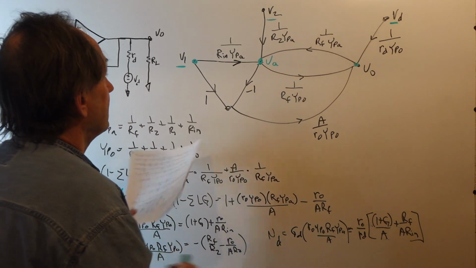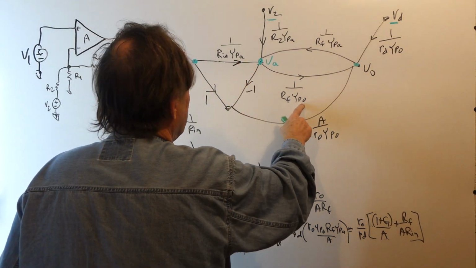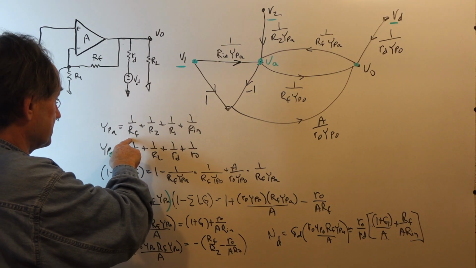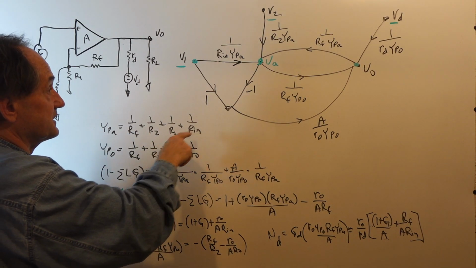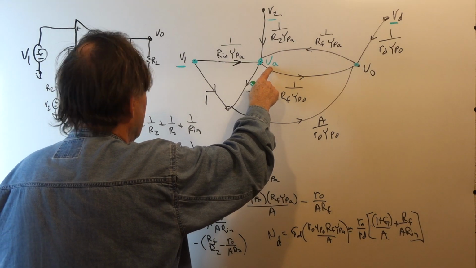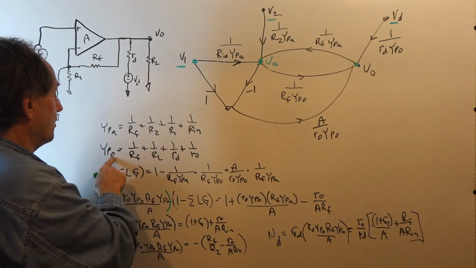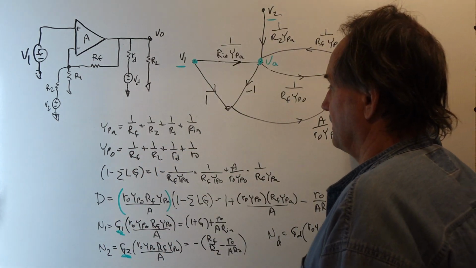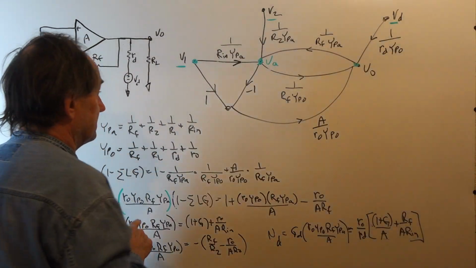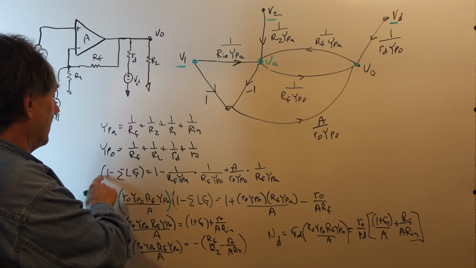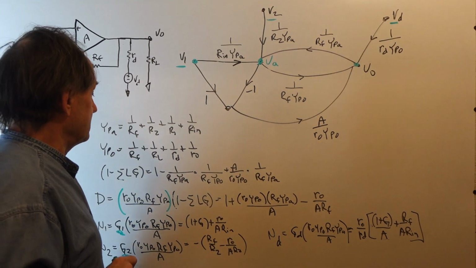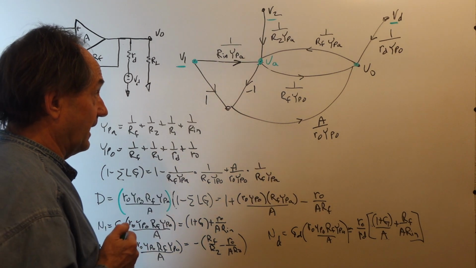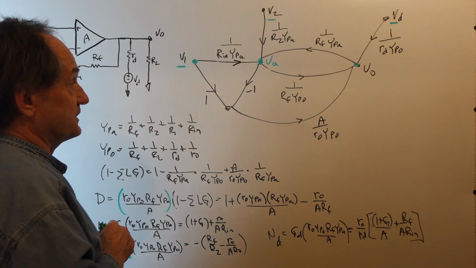I define the YPA and YPO to be these values. YPA is the sum of the admittances that touch node VA, and YPO is the sum of the admittances that touch the output node. Then by Mason's gain formula, 1 minus the sum of the loop gains defines our denominator, our system function.